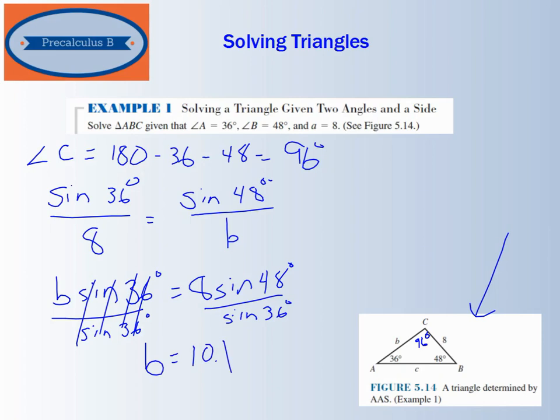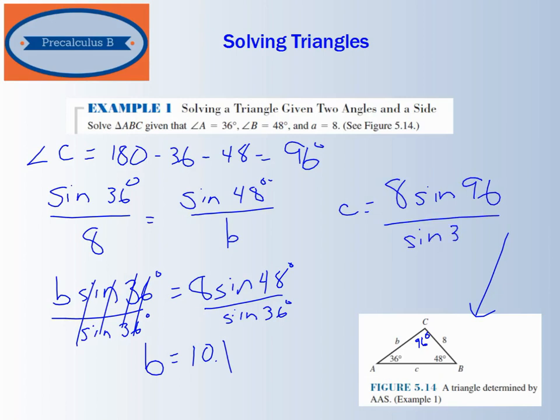We would do the same thing to find side c. We would set up the exact same equation, and we would end up with c equal to 8 times sine 96 divided by the sine of 36.